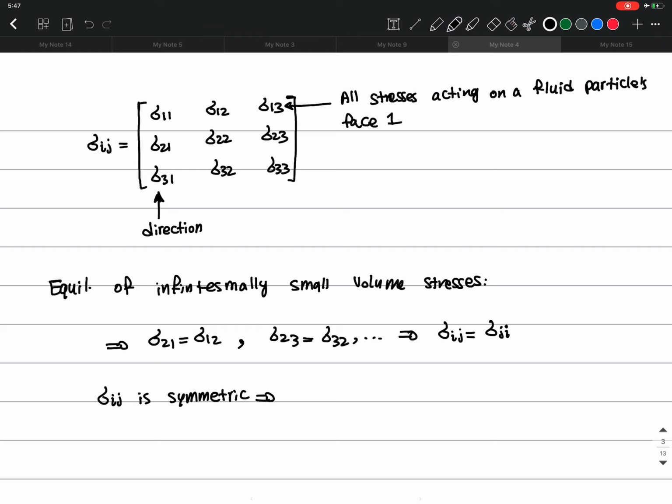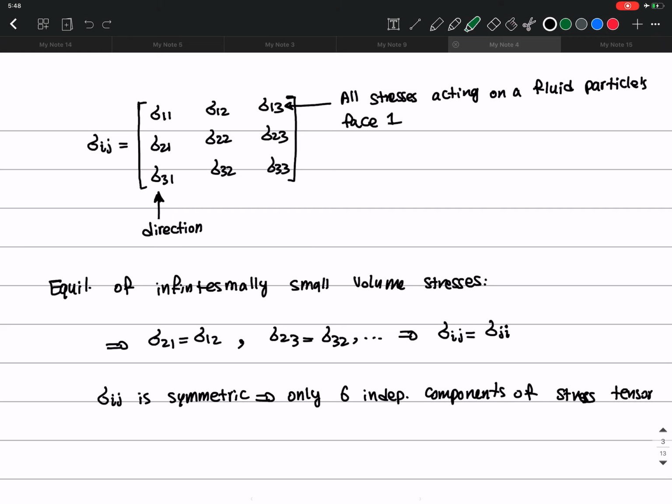So this means that the stress tensor only has 6 independent components. Meaning this one equals this one, and this one equals this one.